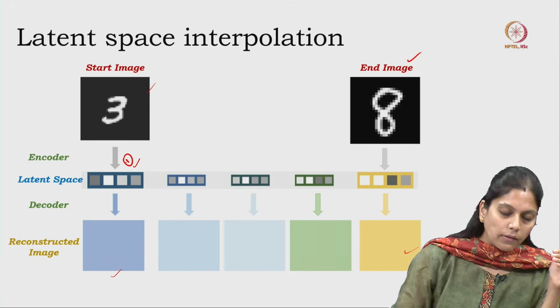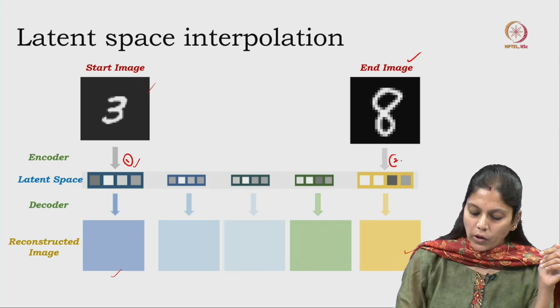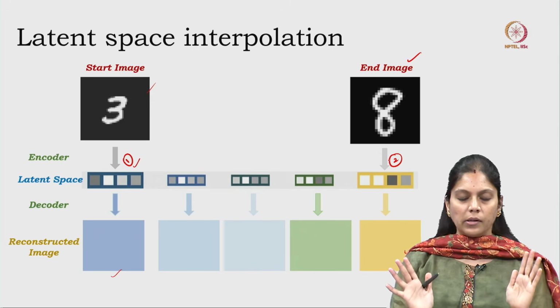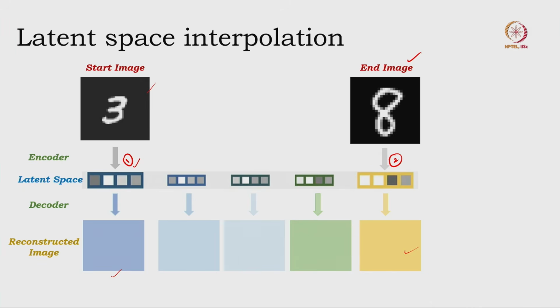We got this as the first latent representation and this as the second latent representation. We definitely have these two with us. Here you have a vector in terms of numbers, and here also you have a vector in terms of numbers, right?